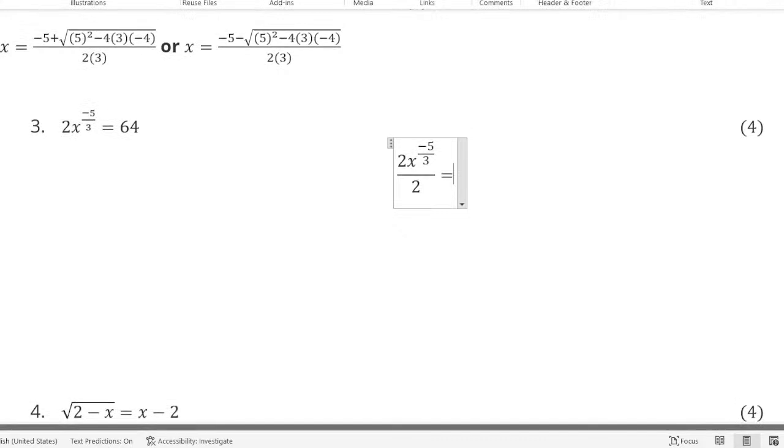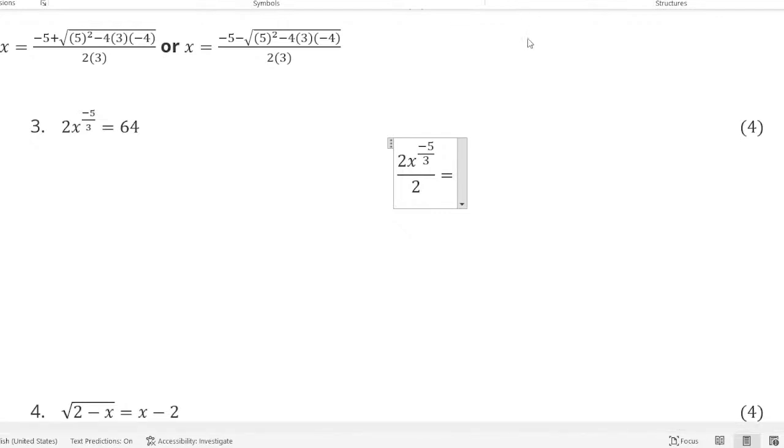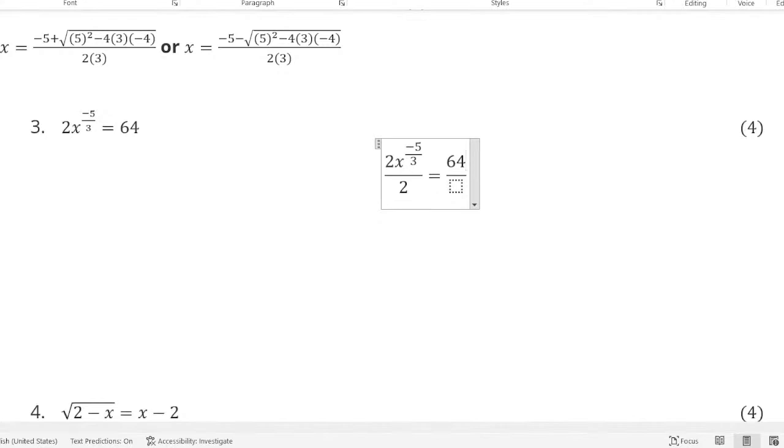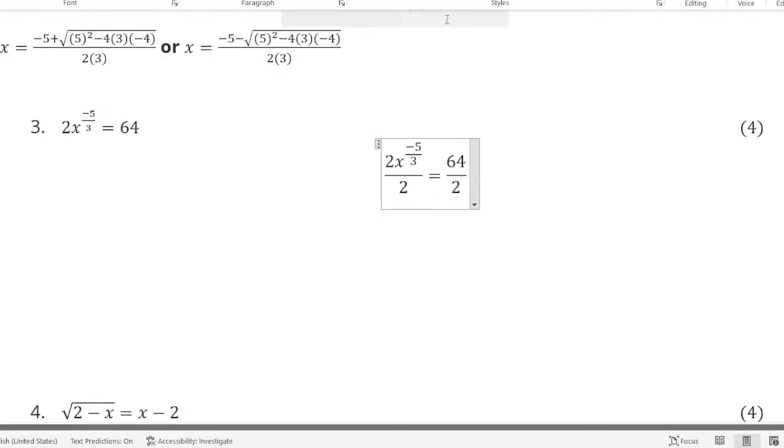It's going to be 64 divided by 2, because on the left hand side we divided this term by 2, so on the right hand side you have to do the same thing, so that we don't change the original equation.